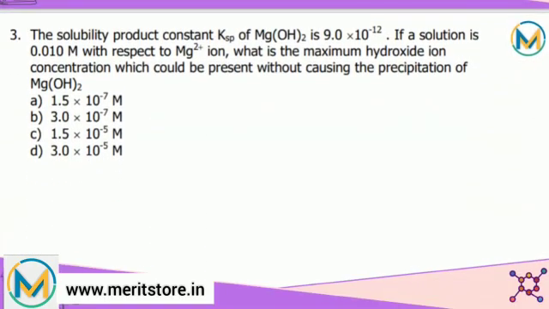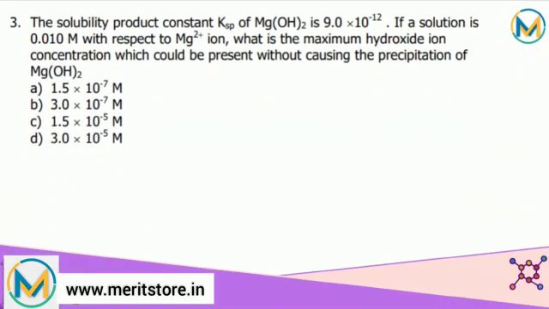Looking towards the next question, the solubility product constant, that is Ksp, of Mg(OH)2 is 9 into 10 raised to minus 12. If a solution is 0.010 molar with respect to Mg2+ ion, what is the maximum hydroxide ion concentration which could be present without causing the precipitation of Mg(OH)2?